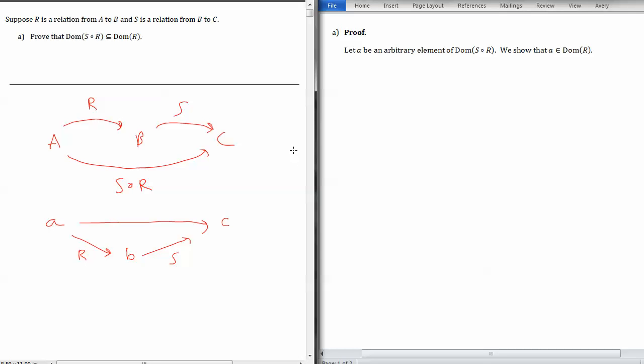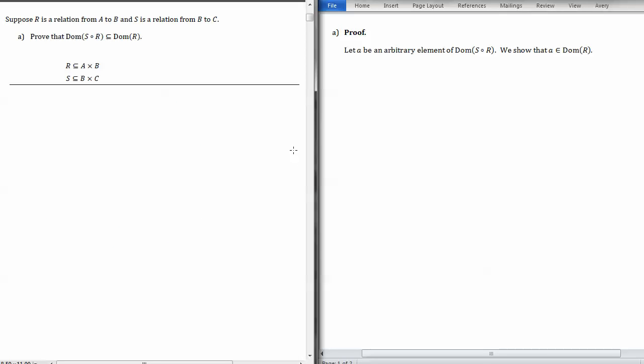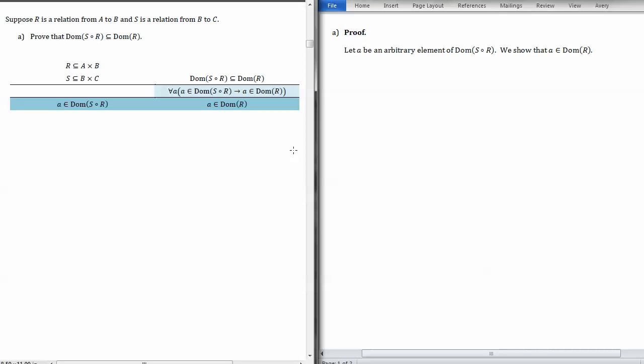Let's write it down. We have R and S being relations, and that's our goal. And first we write the definition of subset, and then we let A be arbitrary and do direct proof. And now we have elements of the domain, and so we use the definition of domain, that there exists some C such that (A, C) is in that composition, in that relation.